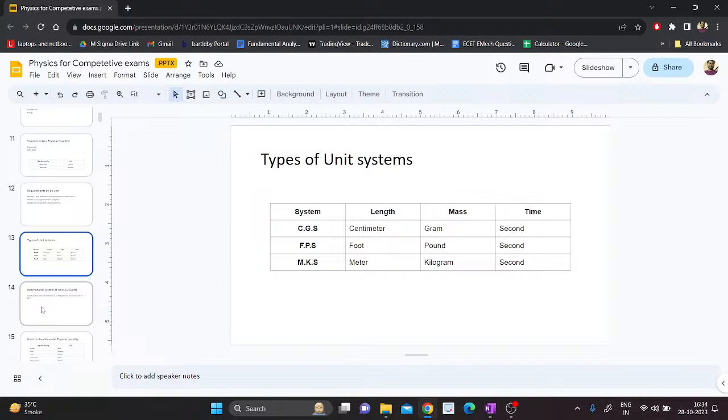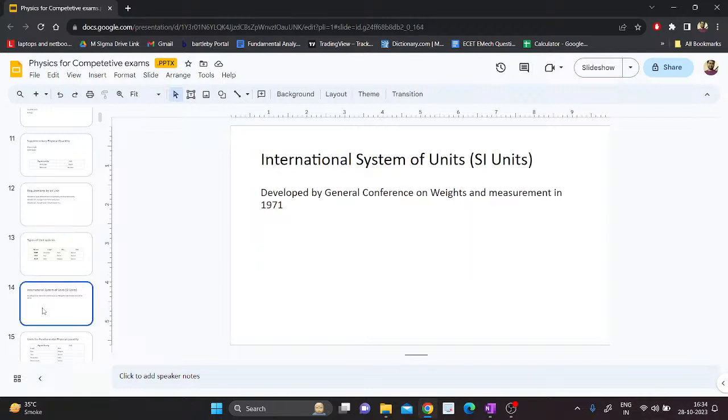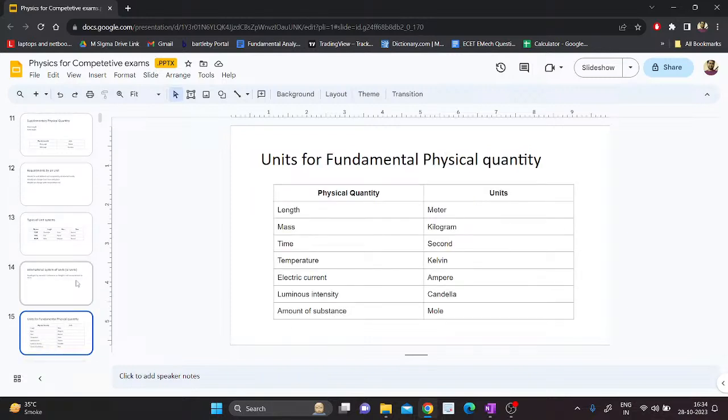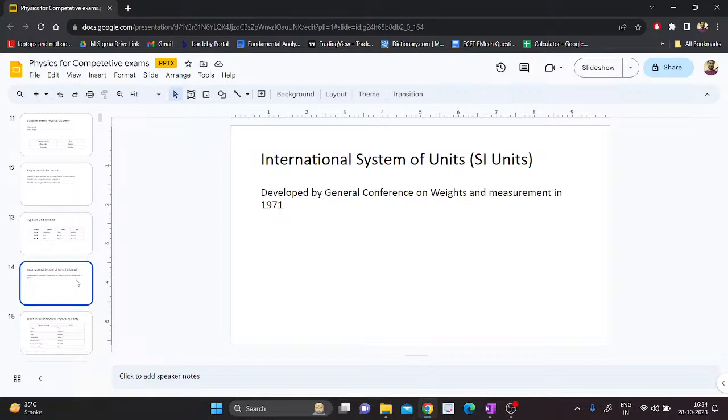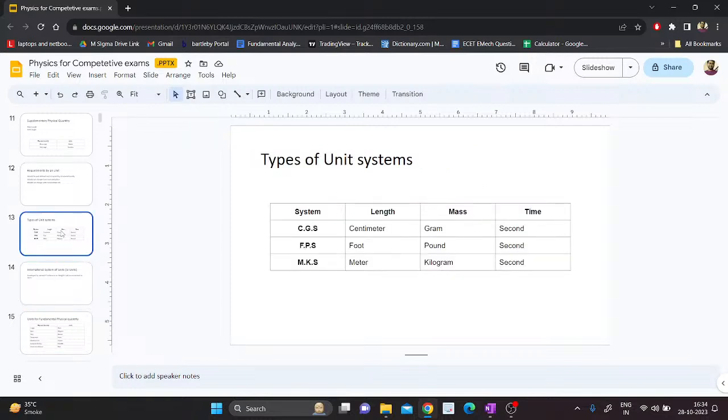In 1971, a conference happened between scientists and many people, and they decided to go with standardized units, and they gave the name SI units, the International System of Units. Instead of centimeter, foot, etc., let's all go with meters. Instead of grams, pounds, etc., let's go with kilogram uniformly.